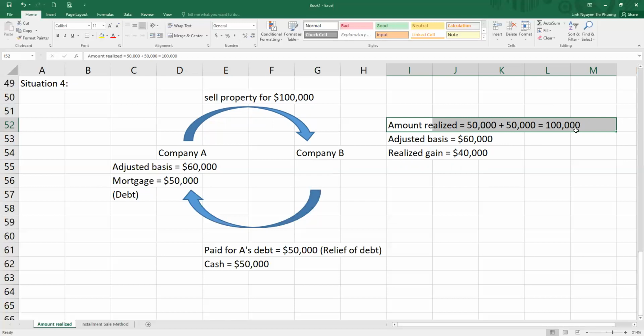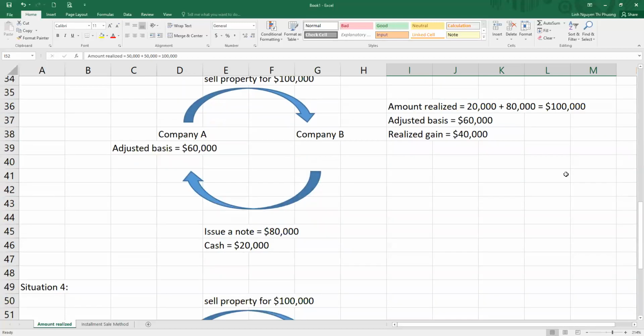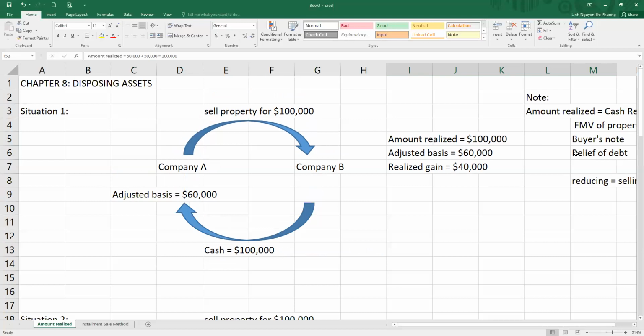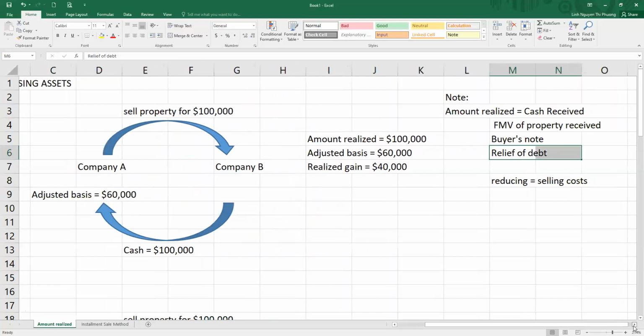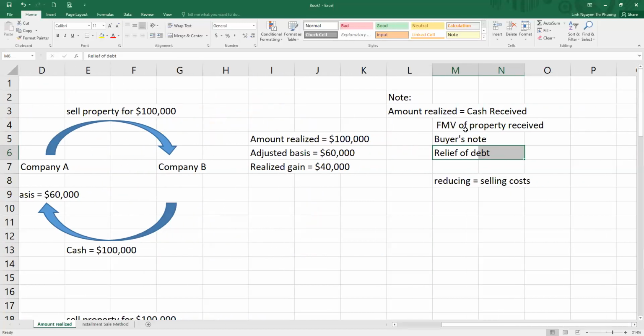So remember that amount realized also includes the relief of debt, and the amount realized is reduced if you have any selling costs like sale commissions or brokerage fees. If you have these, your amount realized will be decreased.